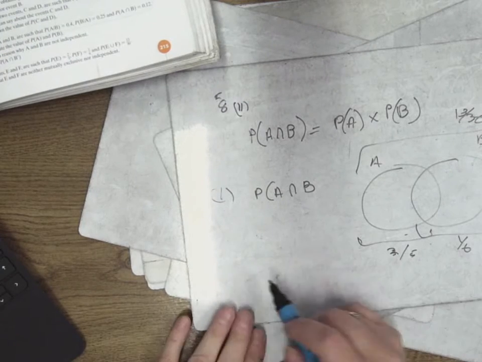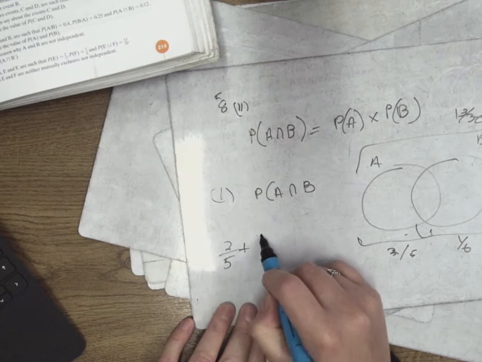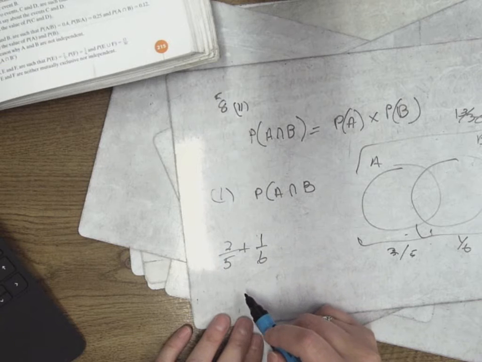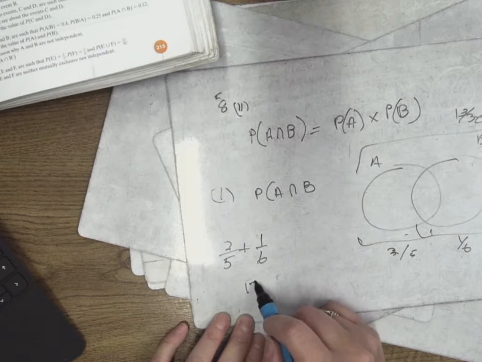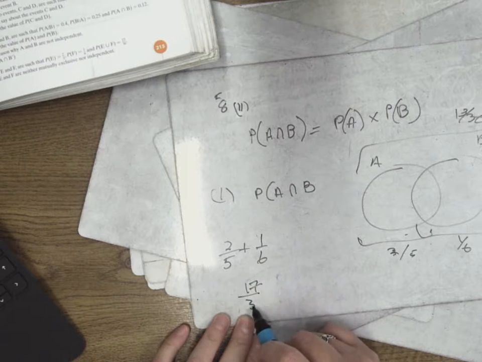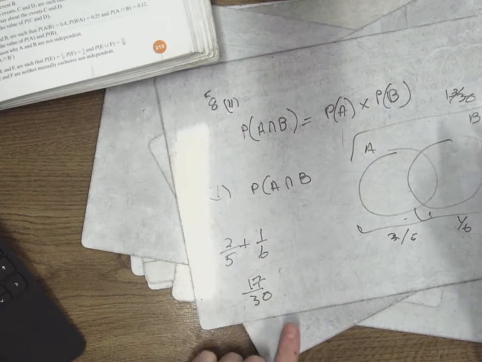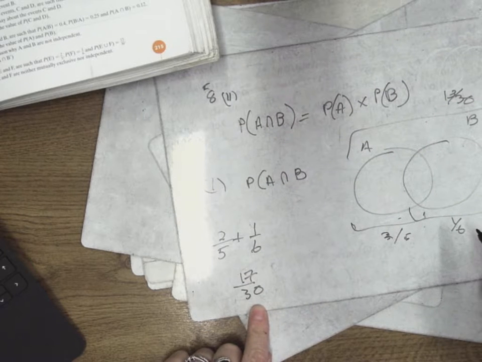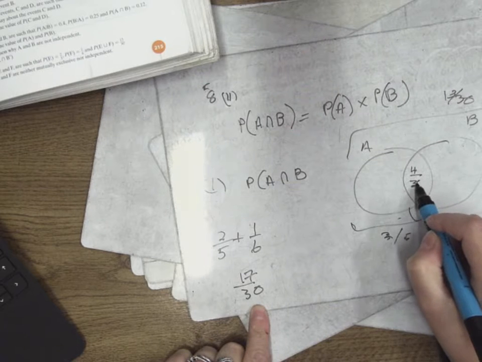So add 2/5 and 1/6. That's 12 over 30 plus 5 over 30, 17 over 30. Is that correct? But you're only allowed to have 13 over 30 in there. So when you add them together, you have an extra 4 over 30, don't you? So that has to go in the middle. So 4 over 30 will go in the middle.